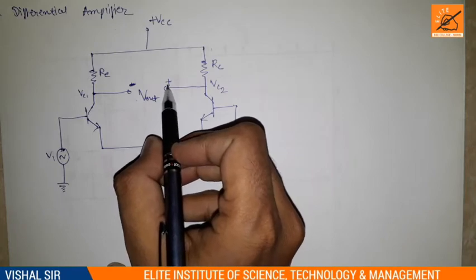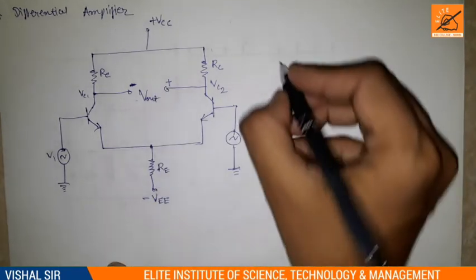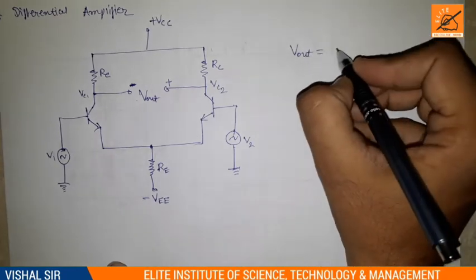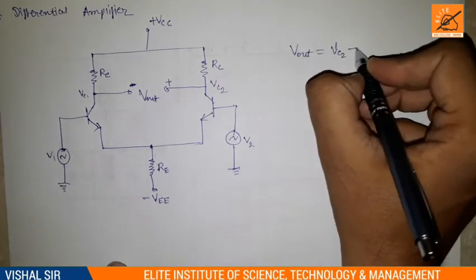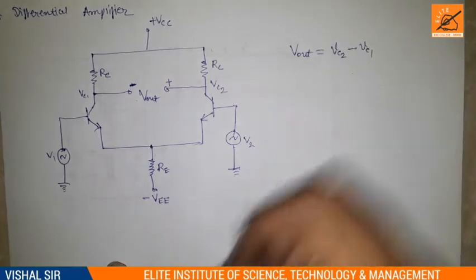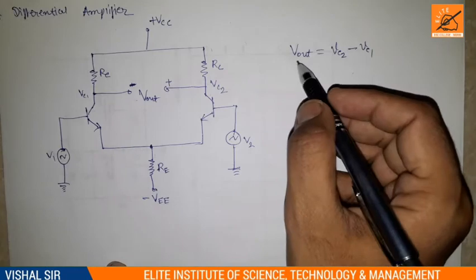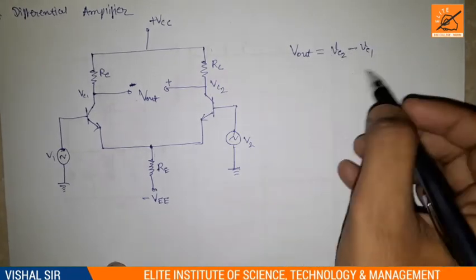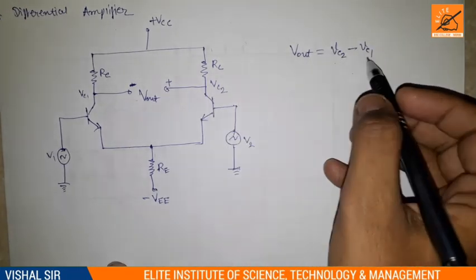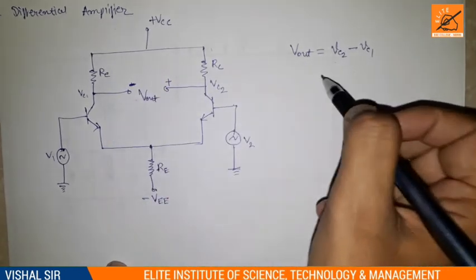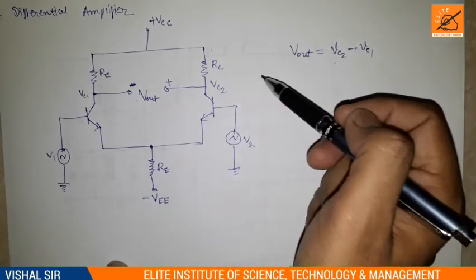Okay, so how can we find this Vout? Vout is equal to Vc2 minus Vc1. Okay, so output is nothing but the difference of Vc2 minus Vc1, and that's why this type of amplifier is known as differential amplifier.